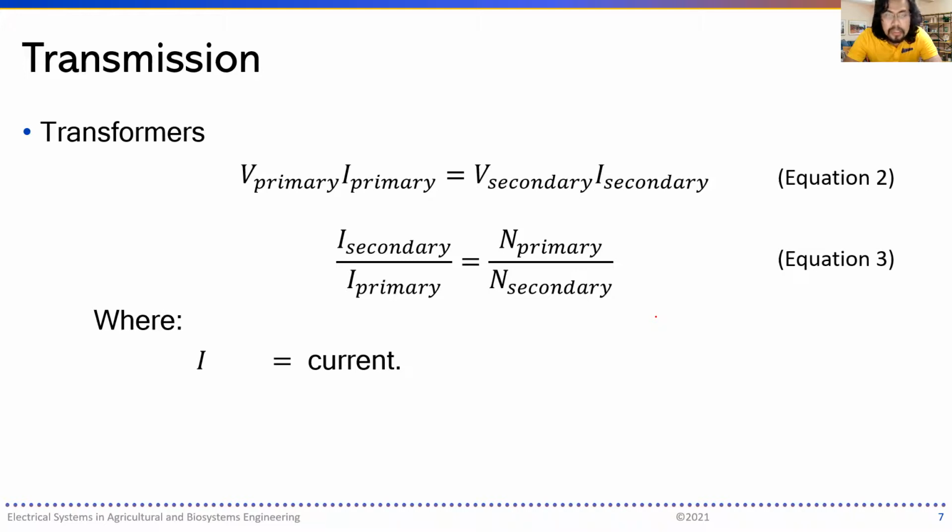So what happens is, if you have a reduction in the voltage, or an increase in the voltage by multiples, the current I would be either increased or reduced as well. Okay, so substituting equation 1 into equation 2 leads to equation 3, which is the relationship now of the current in the circuit of a transformer, from the primary to the secondary coils.